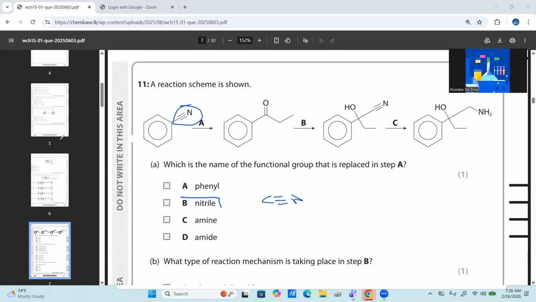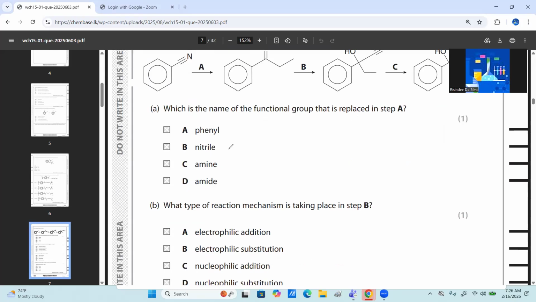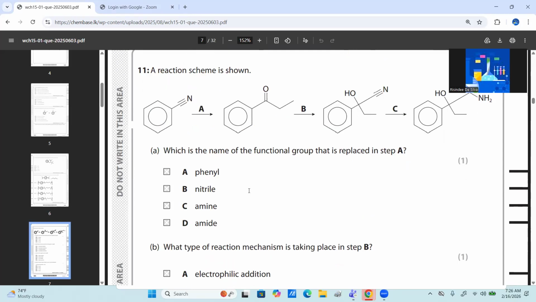What type of reaction mechanism is taking place in B? In B, you can see, children, we have a ketone. So ketones will always undergo nucleophilic addition. Aldehydes, ketones always will undergo nucleophilic addition. So these reaction mechanisms, by looking at the functional group, you should be able to tell that. In my previous videos, I have explained that if it's alkane, it will undergo free radical substitution.